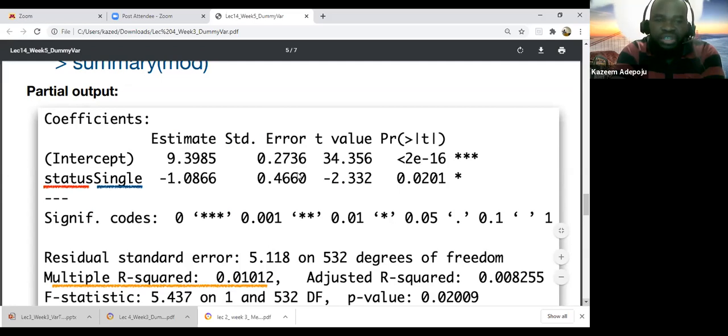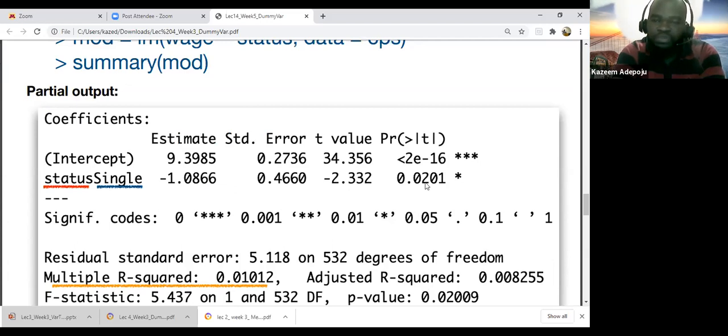And of course, if I want to test that beta 1 equals 0, I'm going to use the p-value right here. In testing beta 1 equal to 0, if I want to state the procedure, you're going to start by writing H0: beta 1 equal to 0 versus Ha: beta 1 not equal to 0. Then you're going to state your test statistic.